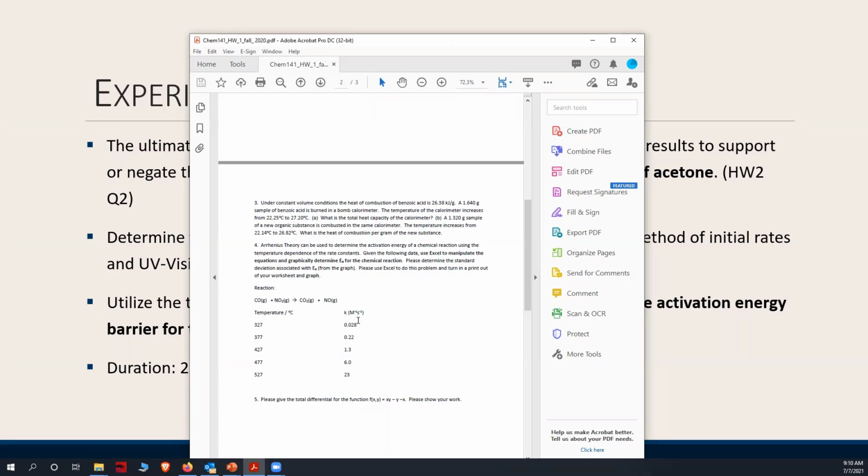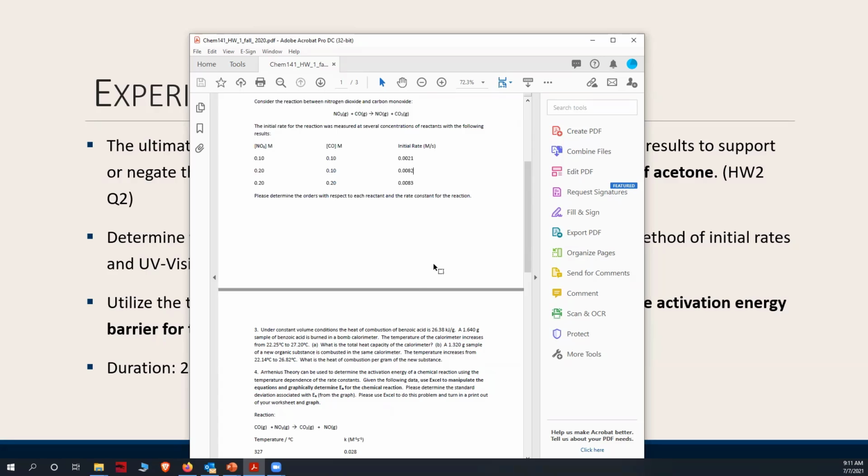Once you made that plot, you can use the slope to determine the activation energy barrier for that particular chemical reaction. We'll do the same for this one, except the rate constant is not given. You need to calculate the rate constant based on the initial rate.